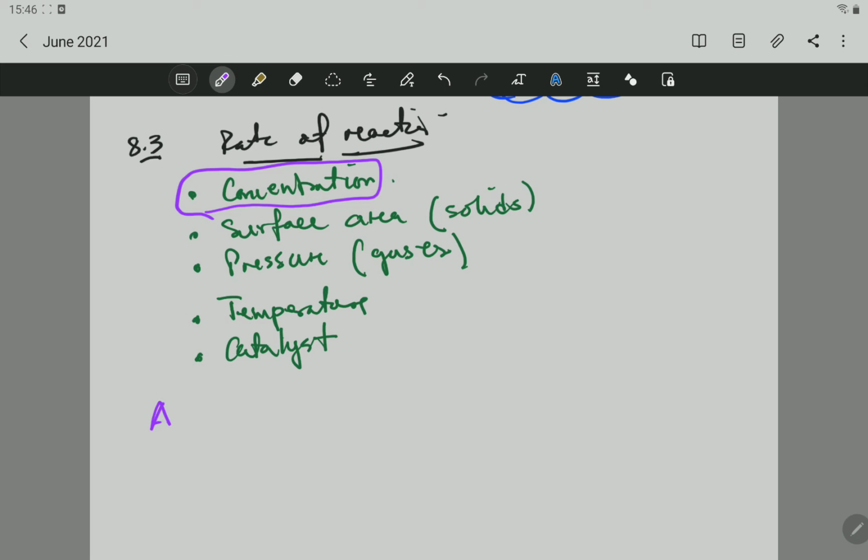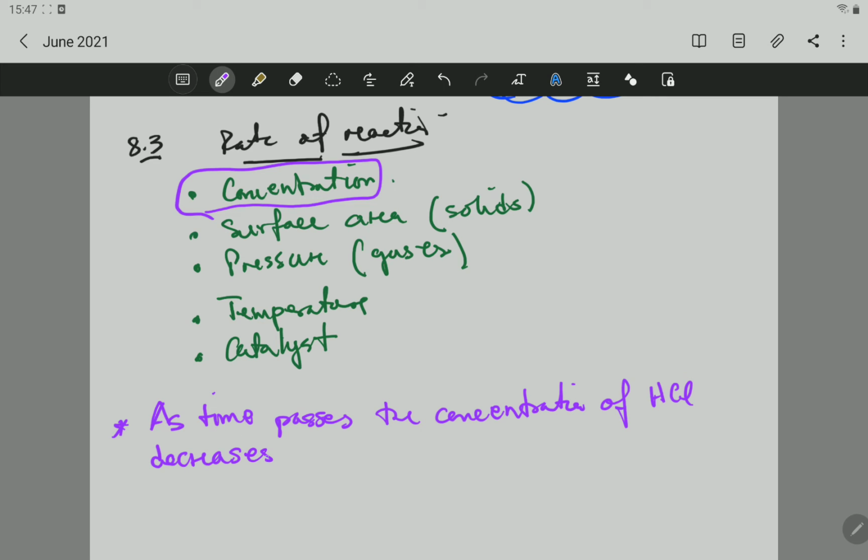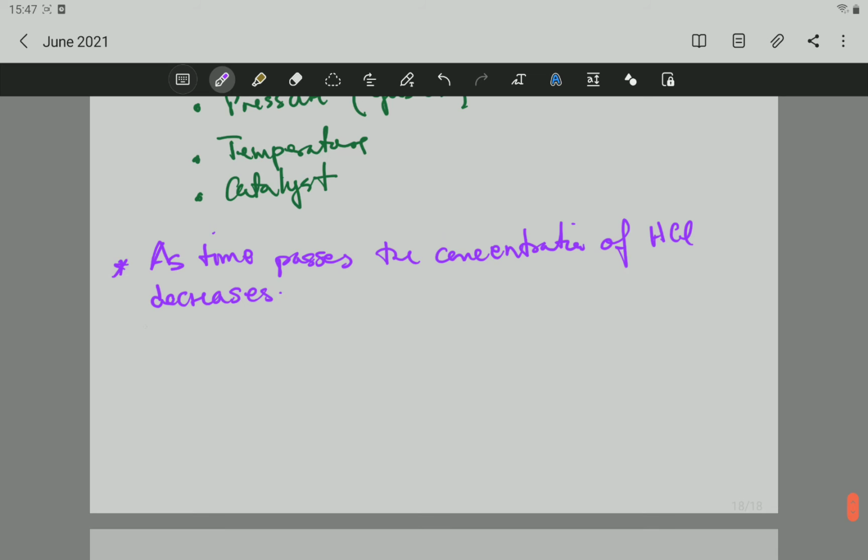I will write: as time passes, the concentration of the hydrochloric acid decreases. It is being used up. That is the first thing.